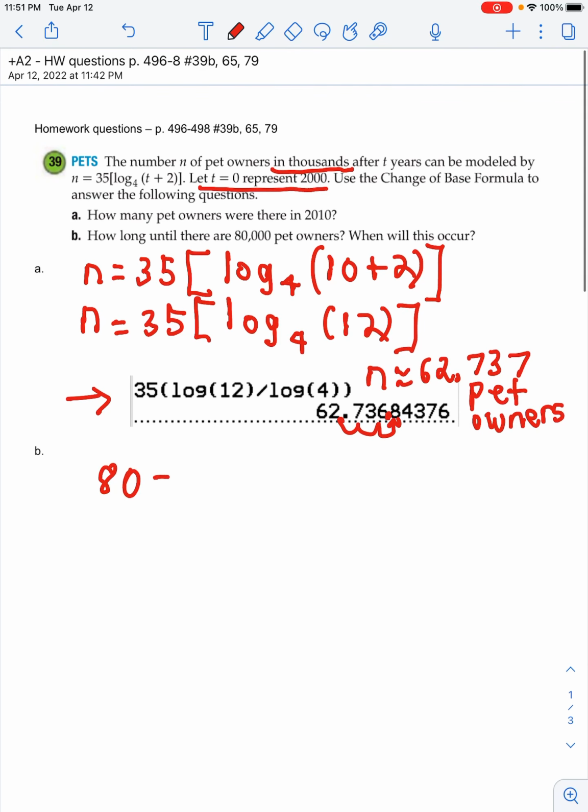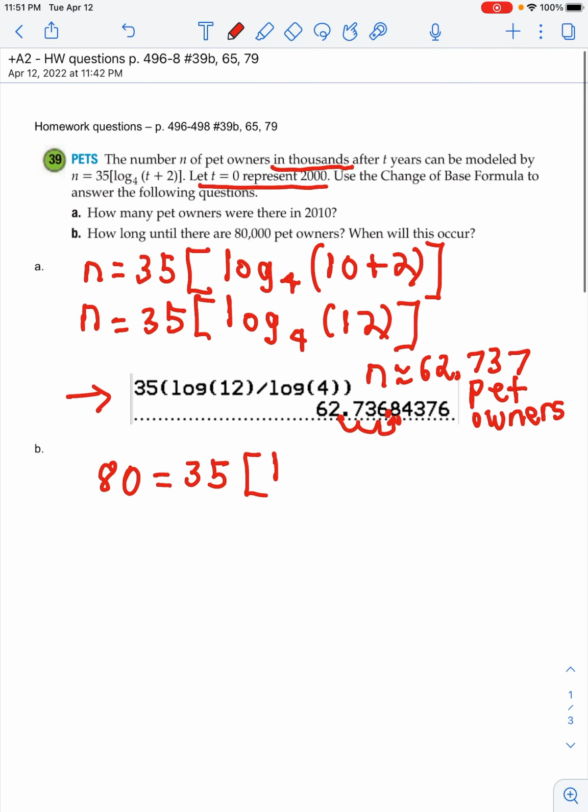So I'm going to have 80, which is really representing 80,000, equals 35 times the quantity log base 4 of the quantity t plus 2. And that is our formula.